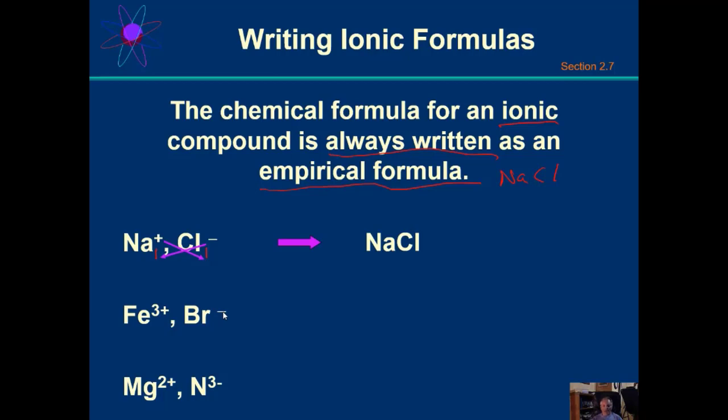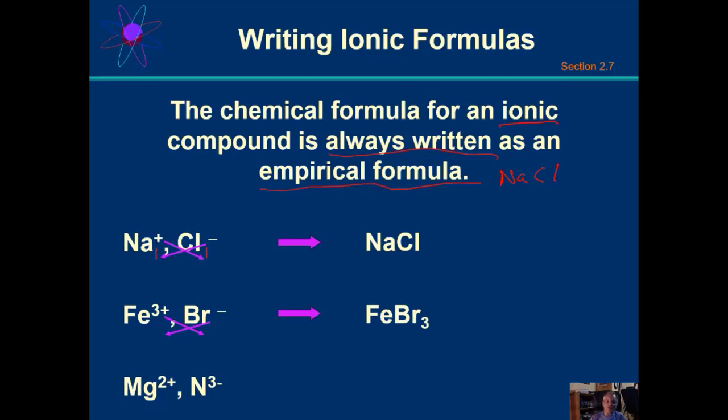If I'm going to make an ionic compound out of these two ions, I need to have just as many -1 charges as I do +3 charges. So my ratio is going to be 3 bromide ions to 1 iron 3 plus cation.